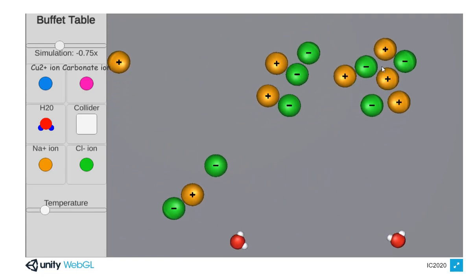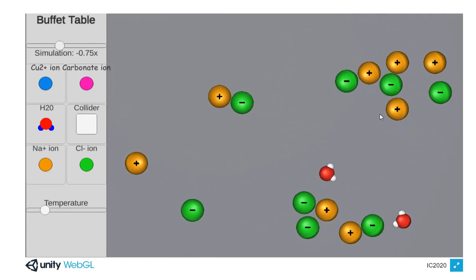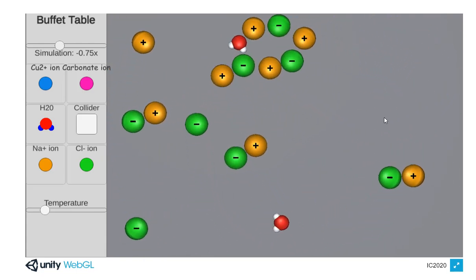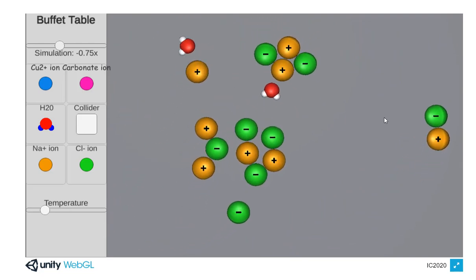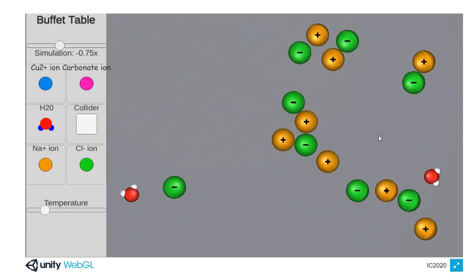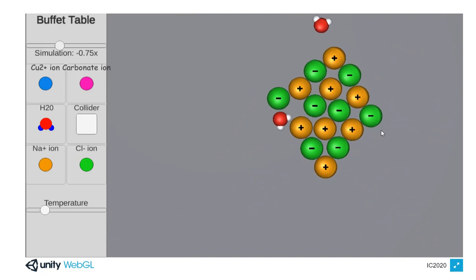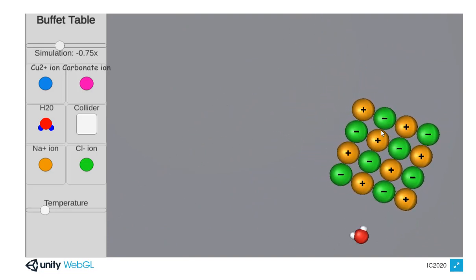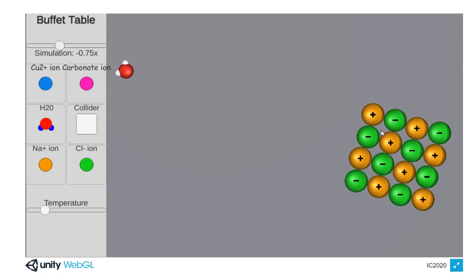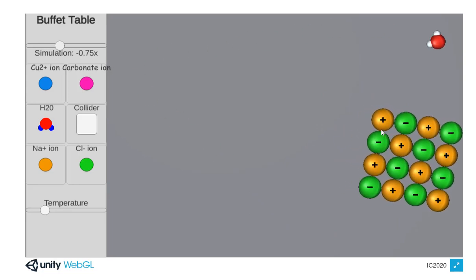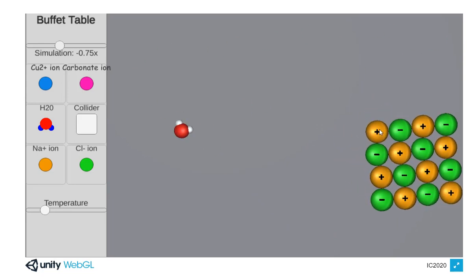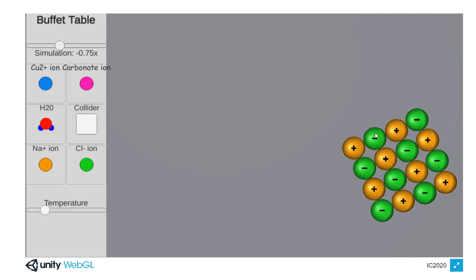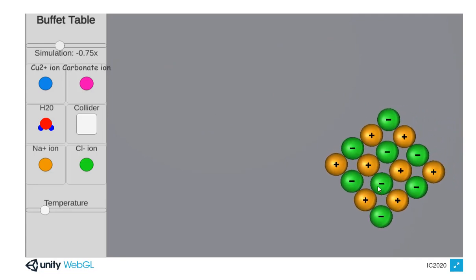And you can see the salt crystals are reforming here. If there's nothing to separate them, their natural attractions will bring them together. The last water molecule will evaporate, and we're left with a crystal of salt.